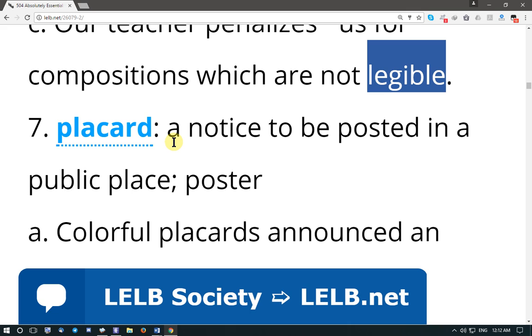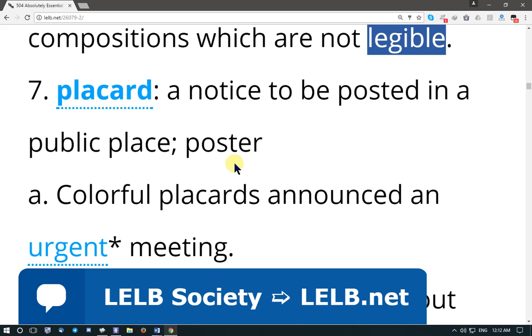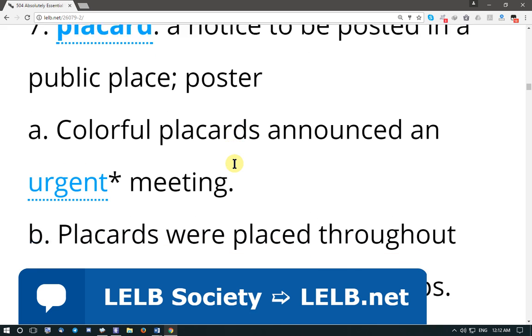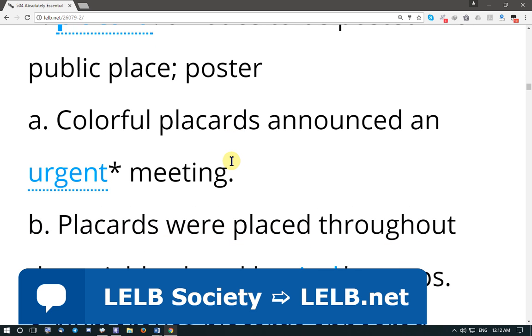Placard, American pronunciation, placard, British pronunciation. A notice to be posted in a public place, poster. Okay, I already showed its illustration to you. Sentence A, colorful placards announced an urgent meeting. Colorful placards announce, or you can say declare, an urgent meeting.